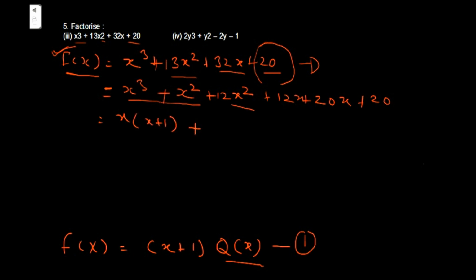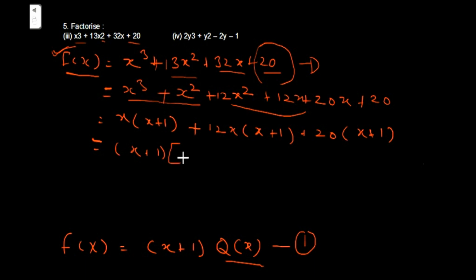Similarly, from the next two terms, I can take 12x as common, so into the bracket I will have x plus 1. And from the last two terms, I can take 20 as common, so into the bracket I will have x plus 1. So from the complete expression, I can now take x plus 1 as common and into the bracket I will have x square plus 12x plus 20.